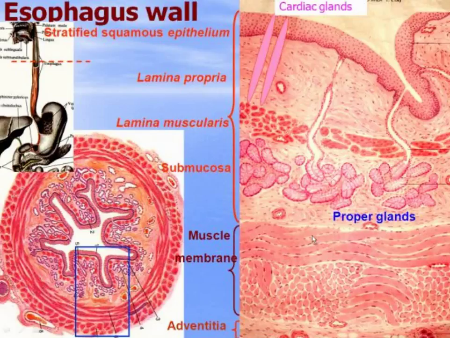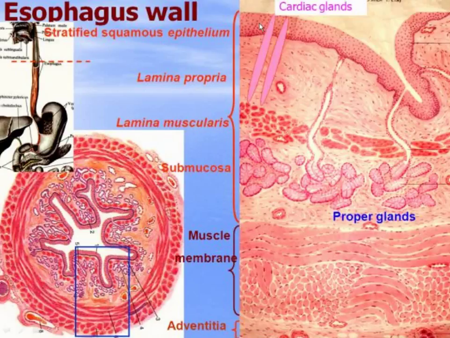In this case, you see the symplasts, skeletal muscle fibers in longitudinal and transverse section. So you can suggest that the piece of esophagus was taken from the upper part of the esophagus. And the outer membrane is adventitial.